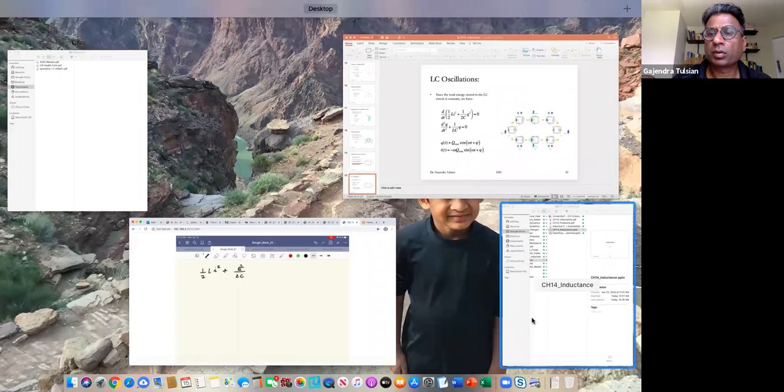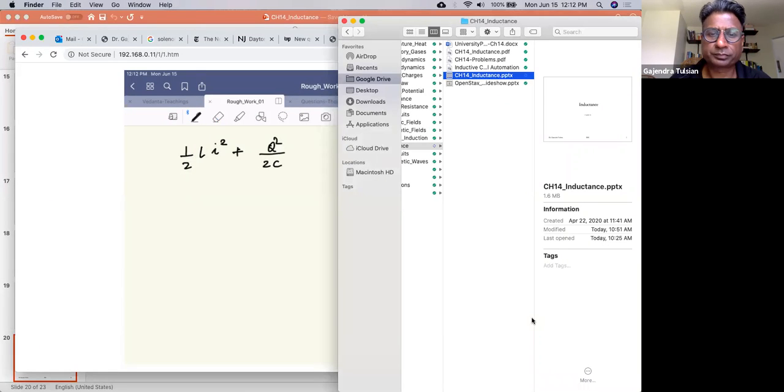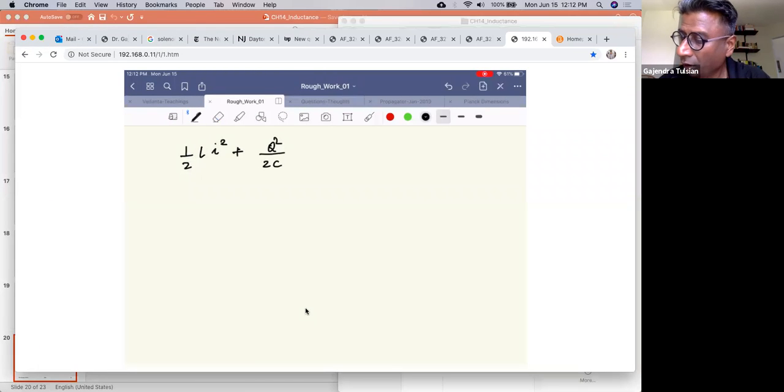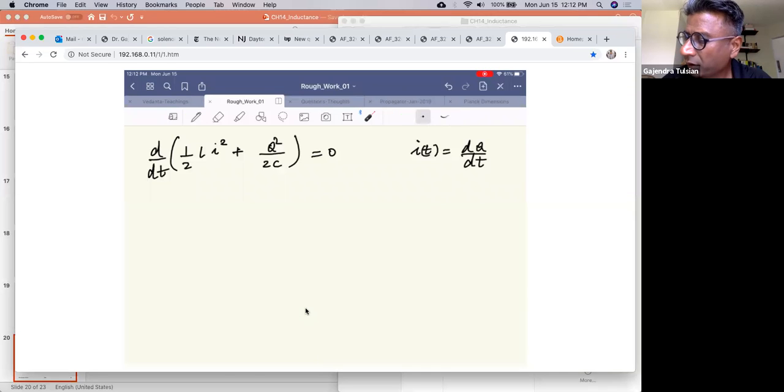Yeah, Q squared by 2C. All right, so if you take the time derivative of that, that should equal 0. And by the way, I is dQ by dt. The current in the circuit is equal to the rate at which the capacitor is being charged.